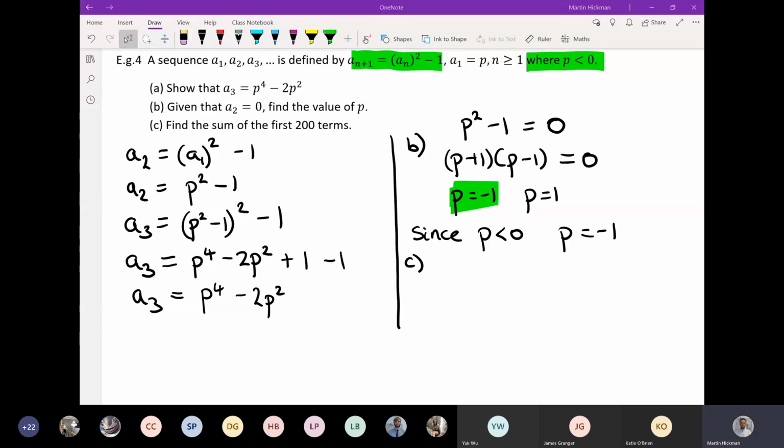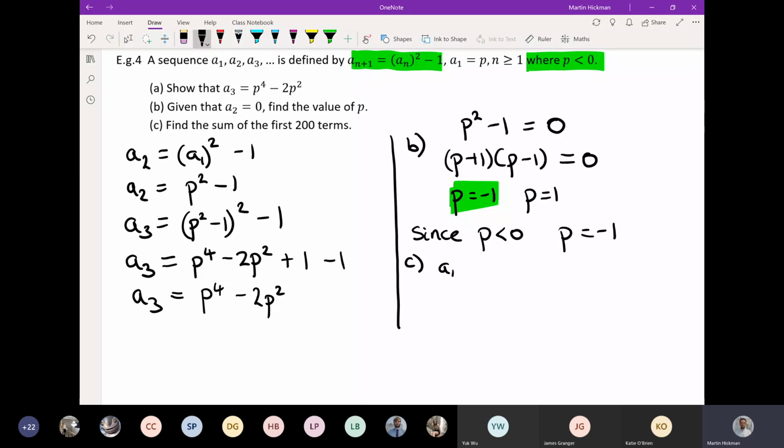So what do we think the sum of the first 200 terms would be? Or just put down your thoughts about strategies or anything you've discovered along the way about the sequence. Or even just what would A3 be?